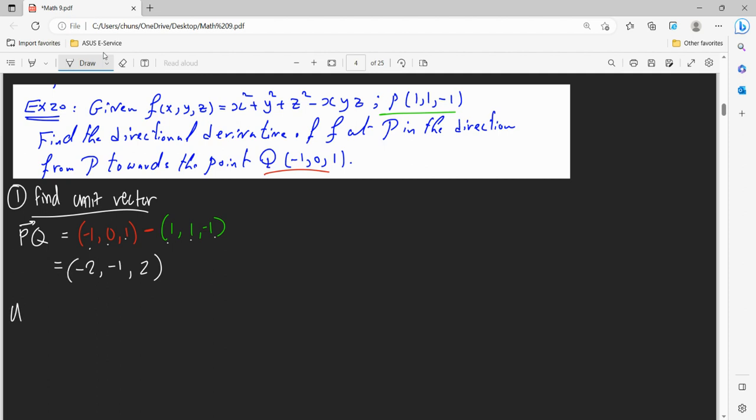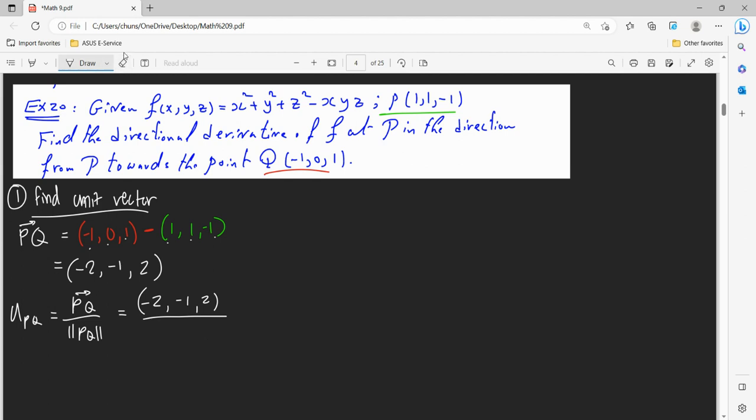Okay, and to find our unit vector for P and Q, this is equal to our vector PQ over the magnitude of that vector. It's equal to negative 2, negative 1, and 2, all over the square root of 4 plus 1 plus 4, which is the square root of 9, which is equal to 3.